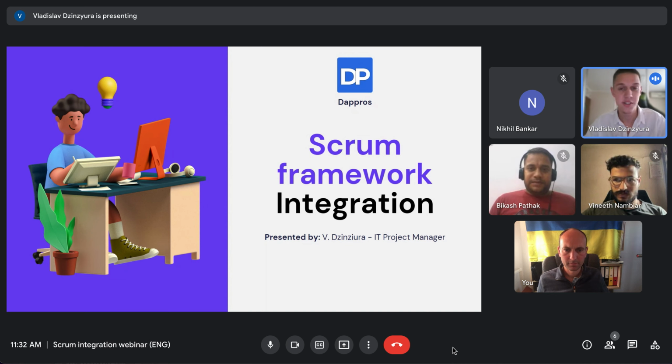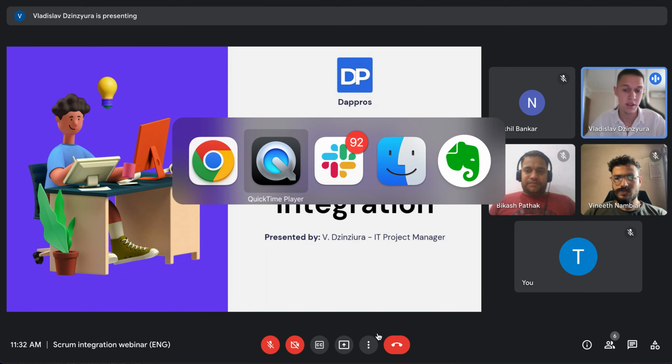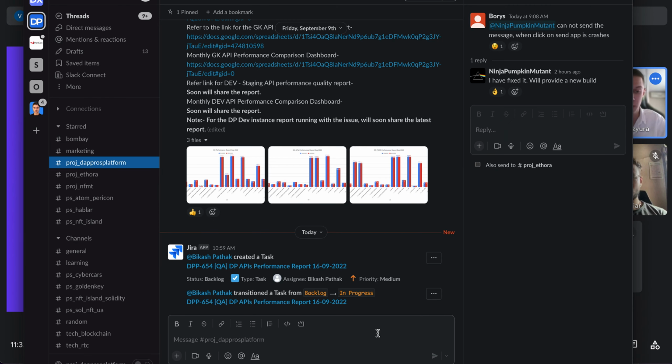So let's get started. In today's meeting, I want to acquaint you with Agile development methodology and especially about the Scrum. So I will go through each point as clearly as possible and explain what it is and what it's used for.